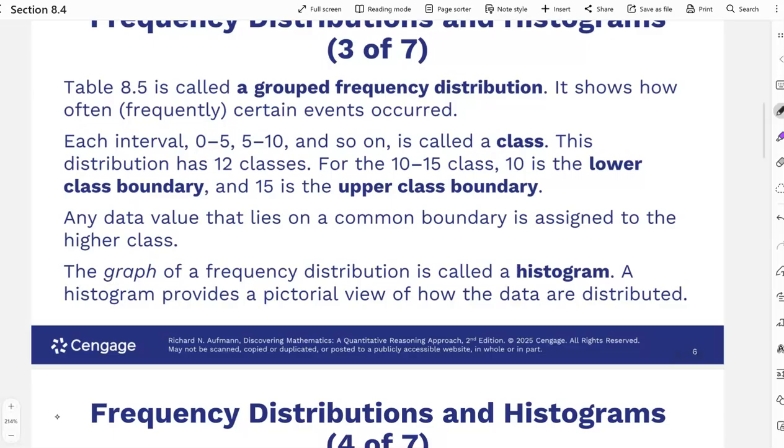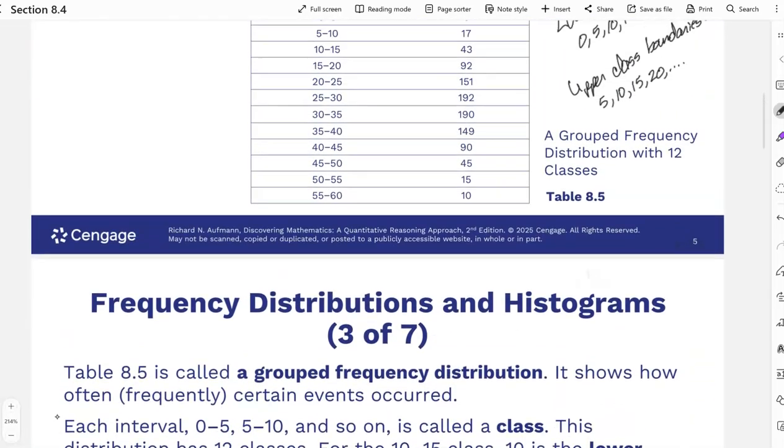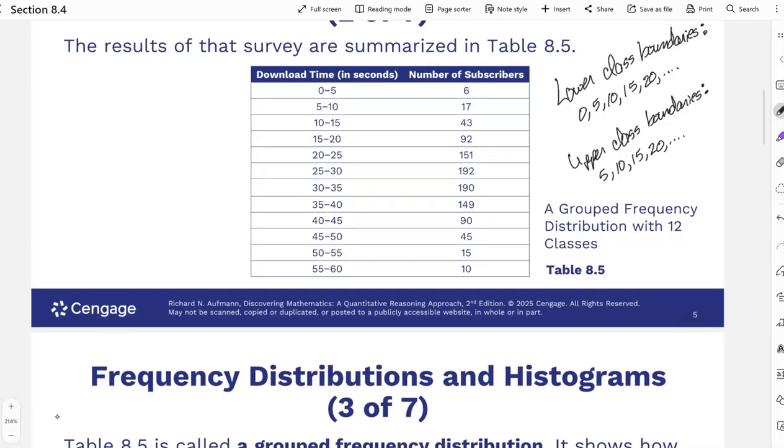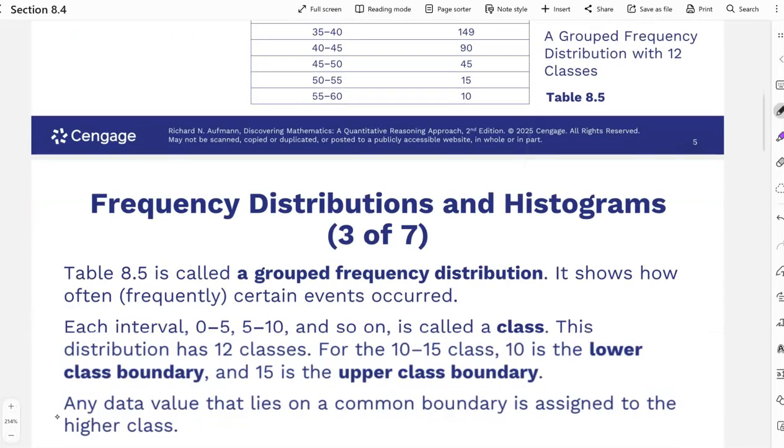We could take this and create what's called a histogram with that data. We would have bars that would represent 0 to 5 seconds, and that would have a height of 6. And then another bar, 5 to 10 seconds, which would have a height of 17, 10 to 15 seconds, a height of 43, and so on.